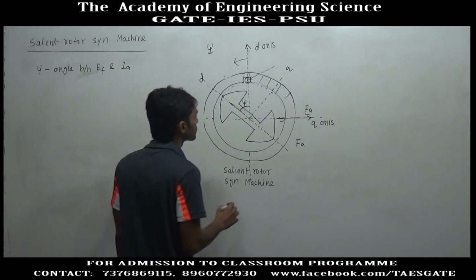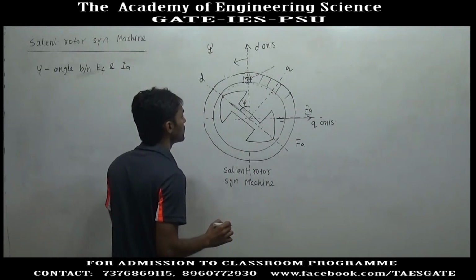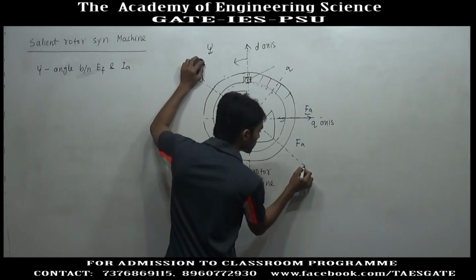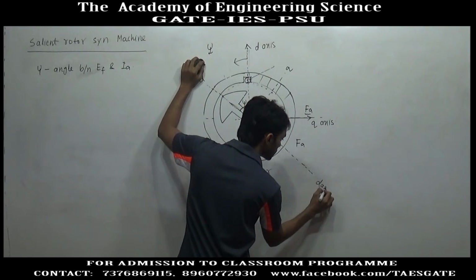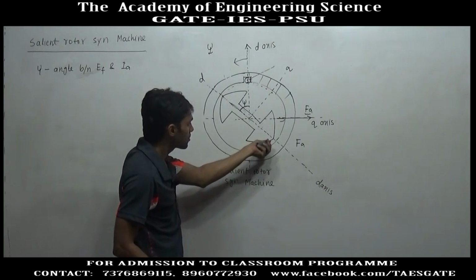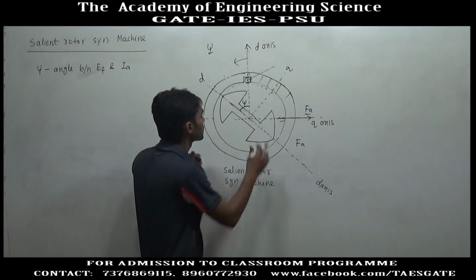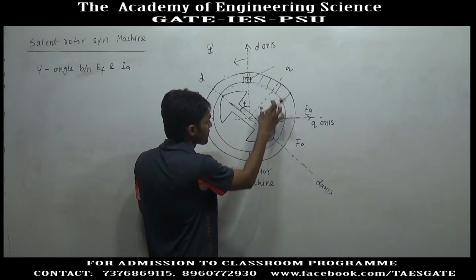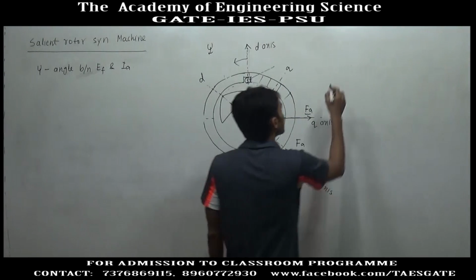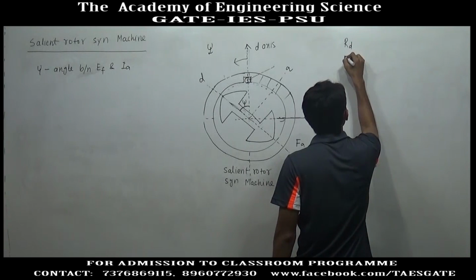So, what is done? This armature MMF is resolved into two parts. This is D axis. Along D axis and Q axis, this is the maximum air gap axis, this is the minimum air gap axis. Along D axis and Q axis, the reluctance is fixed.